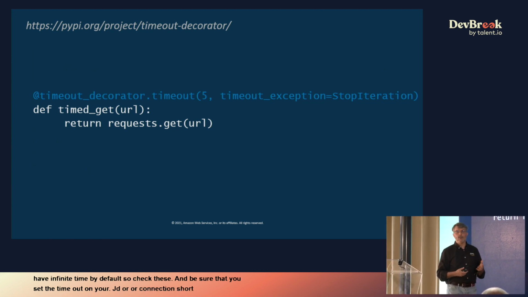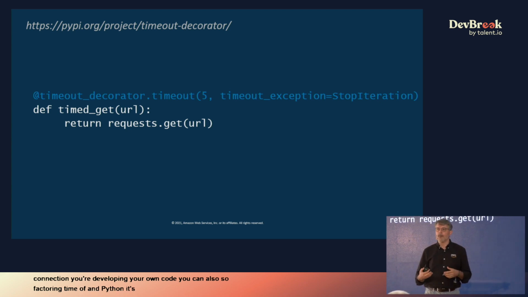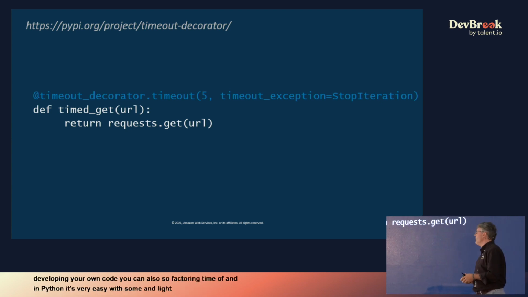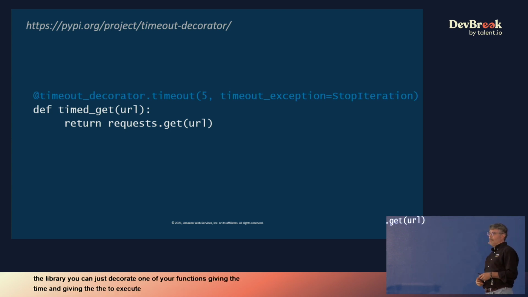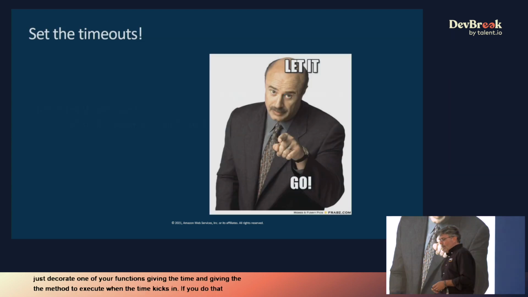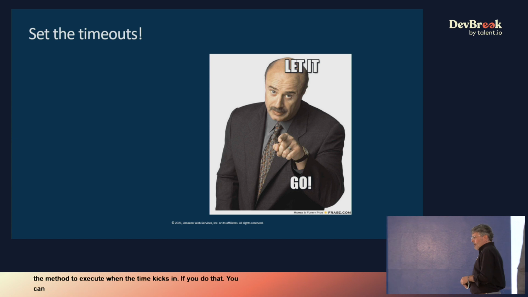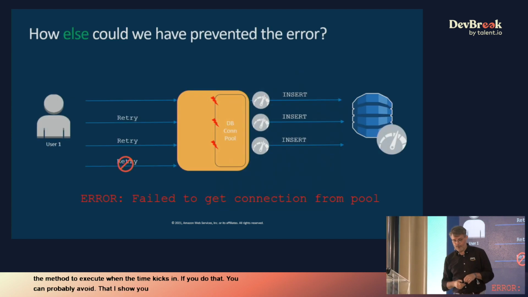If you're developing your own code, you can also factor in timeouts. And in Python, it's super easy with some annotation and a library. You can just decorate one of your functions, giving the timeout and giving the method to execute when the timeout kicks in. If you do that, you can probably avoid the error that I showed you just before.